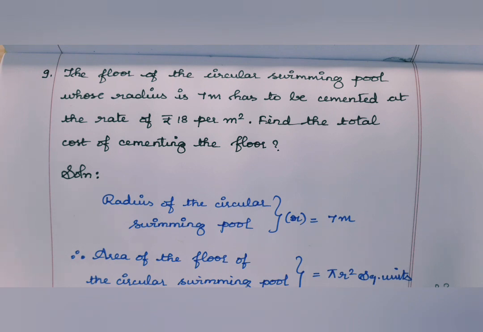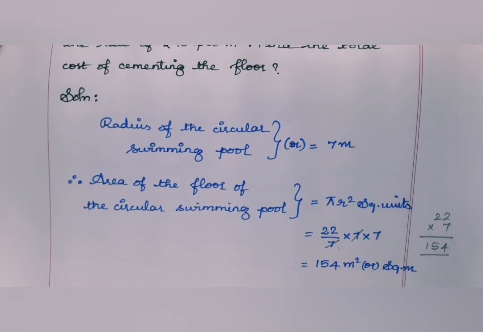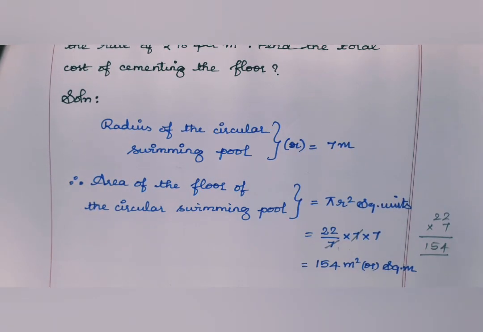So we can now find that the swimming pool is in the format of a circle, and now we are going to cement the floor. For cementing or leveling, I have said that if you want to find the cost, we have to find the area first, which we are going to do. So with the help of the radius, we are going to find the area. Radius R is equal to 7 meter.